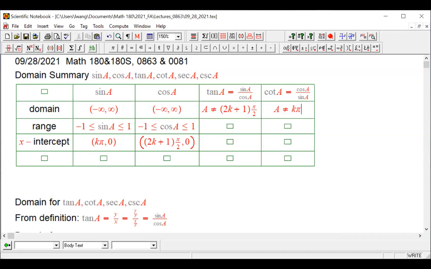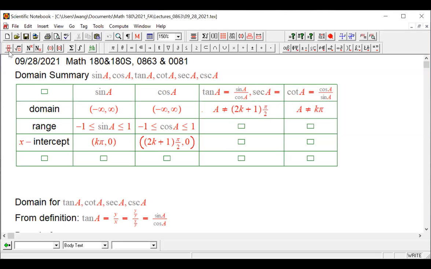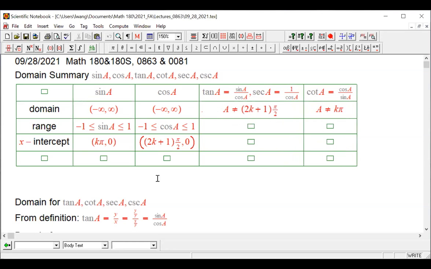Now let's look at secant and cosecant. Secant A equals what? 1 over cosine, and they have the same domain. How about cosecant?